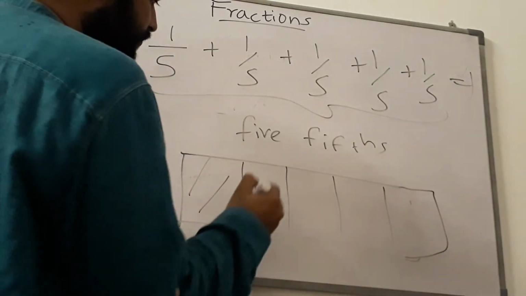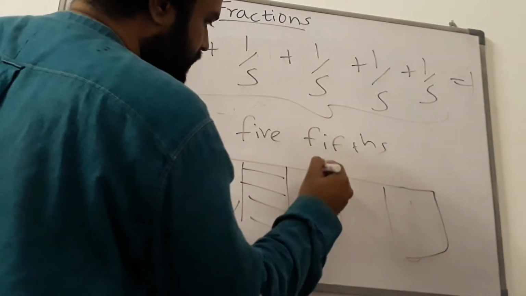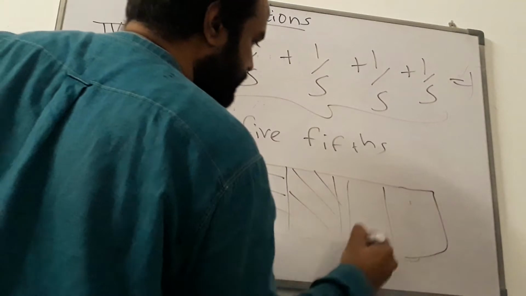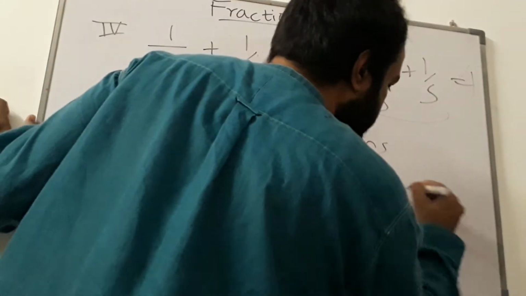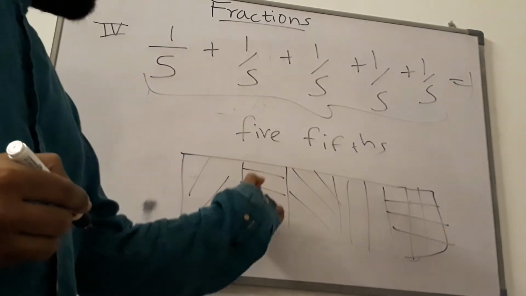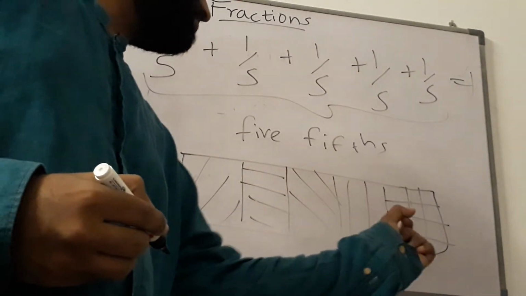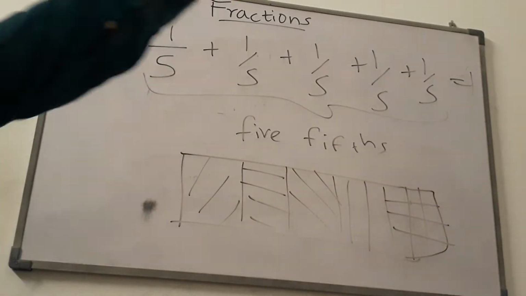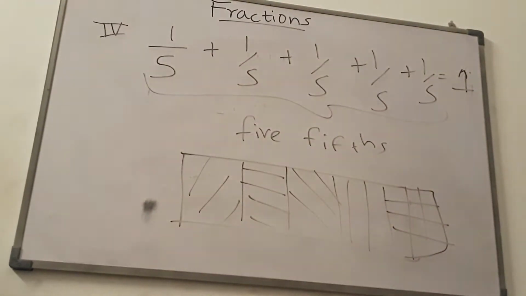This is 1/5, this is the other fifth, this is the other fifth, this is the other fifth, and finally this is the other fifth. 1/5 plus 1/5 plus 1/5 plus 1/5 plus 1/5 altogether 5/5 means one complete whole, one complete block.